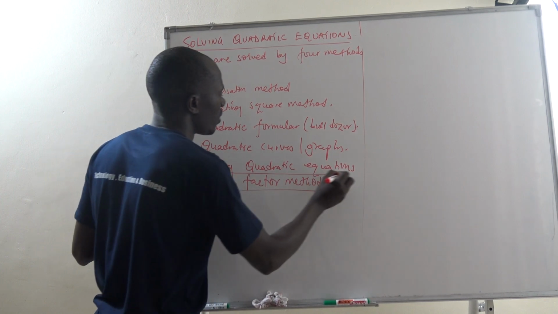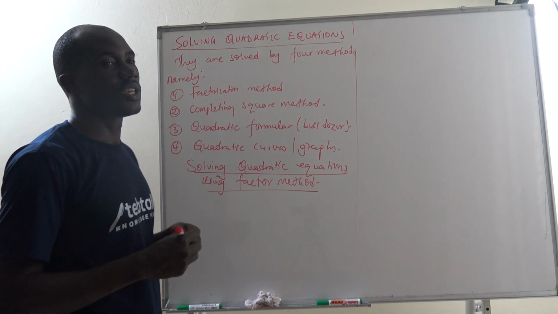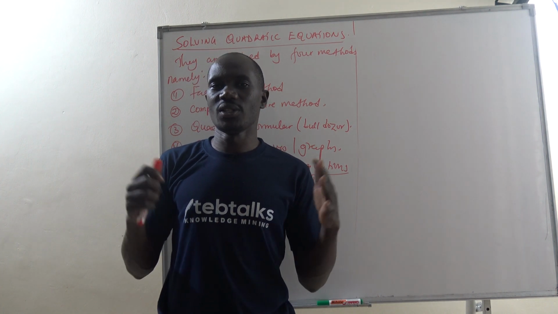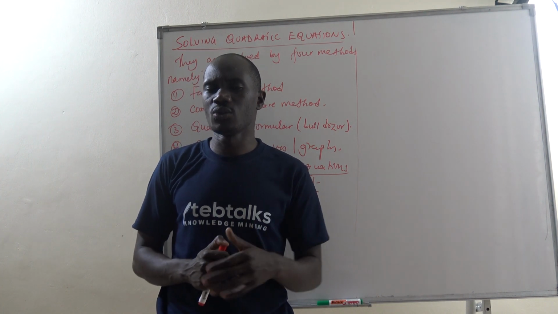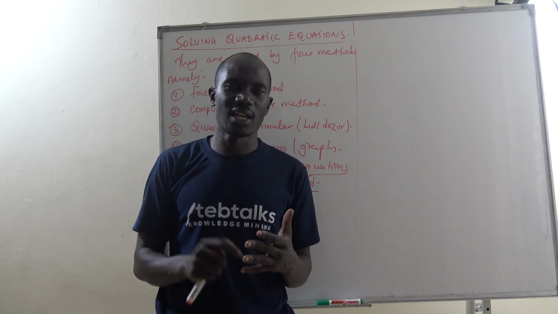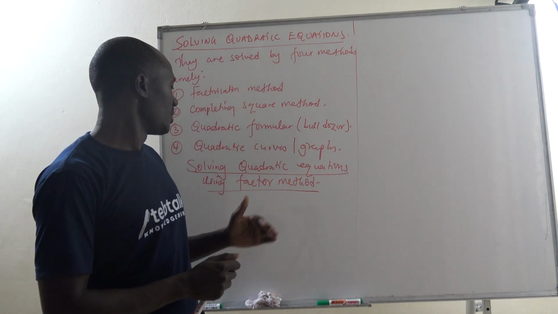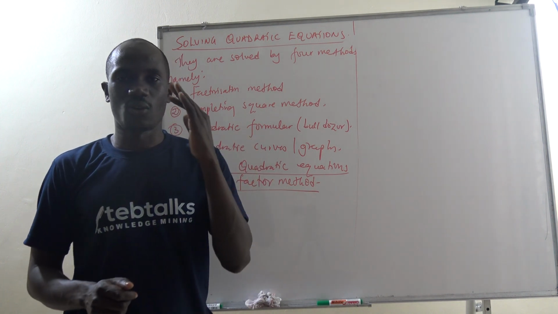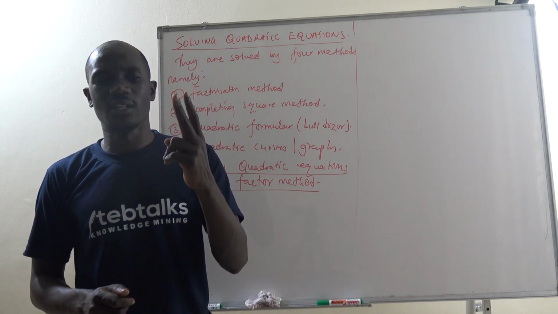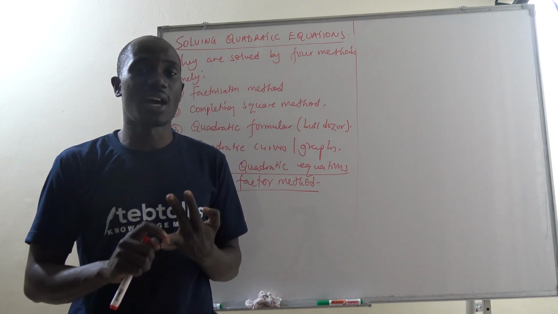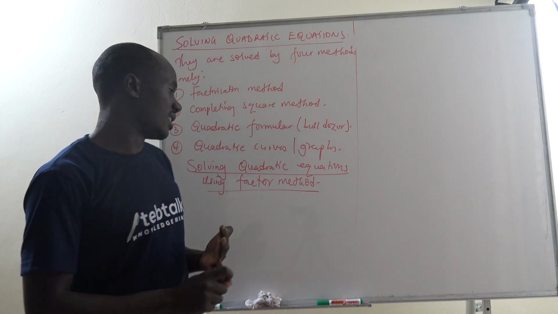We're going to look at how we can solve quadratic equations using the factor method. With the factor method, it's all about looking at the factors, sums, and products. Keep in mind that you must know how to find the product, the sums, and the factors involved.